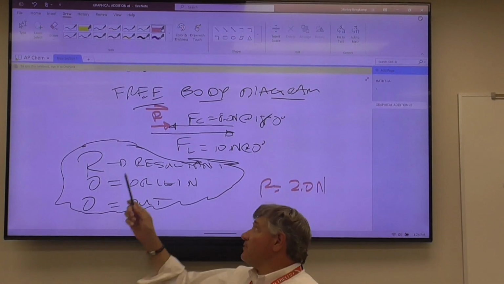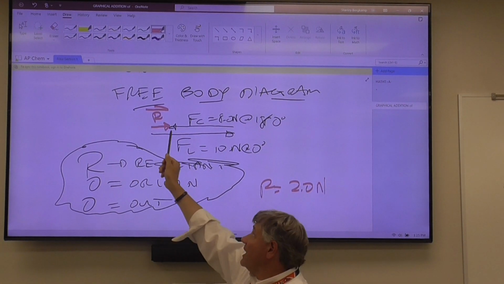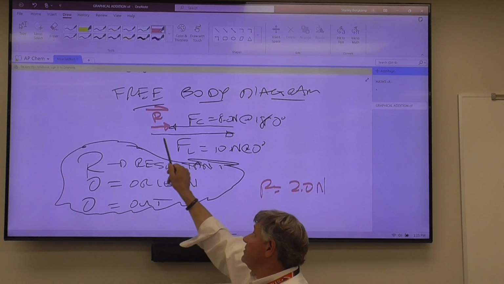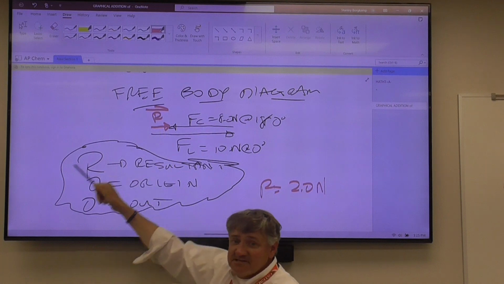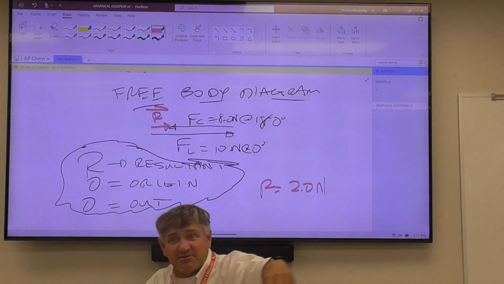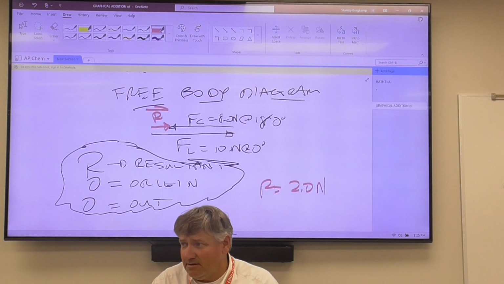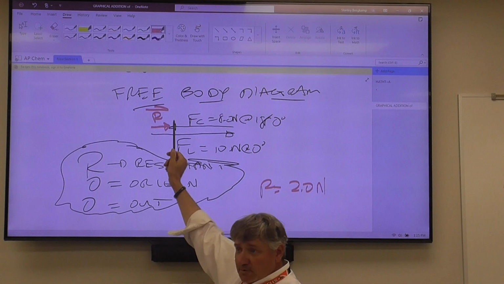Because if I draw the resultant from here back to the origin, that would be 2 newtons at 180 degrees. That would be like saying Luke's pulling this way with 10, Chloe's pulling this way at 8, but we're actually going to go in Chloe's direction, even though she's applying a little bit less force. Doesn't make any sense. That's why you draw from the origin out.